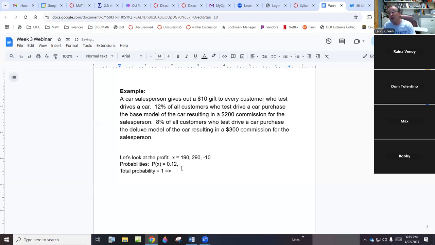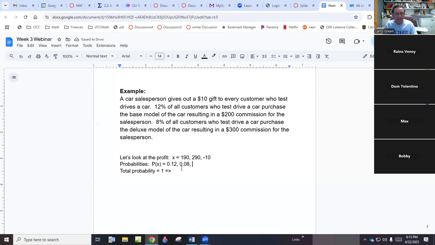Okay, you could put 0.12. If I type that, it's sometimes hard to read, so I put the 0 in front. Okay, and then we have the 290. That's 8% of all customers. 8% chance. How do you write 8% as a decimal? Yeah, 0.08.